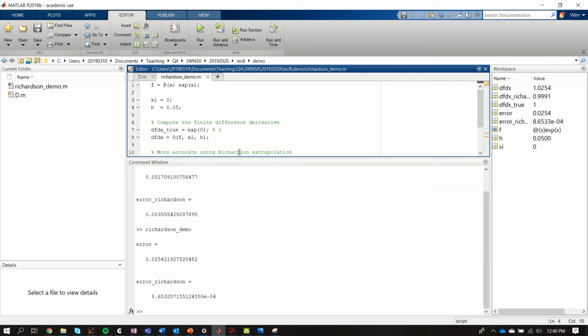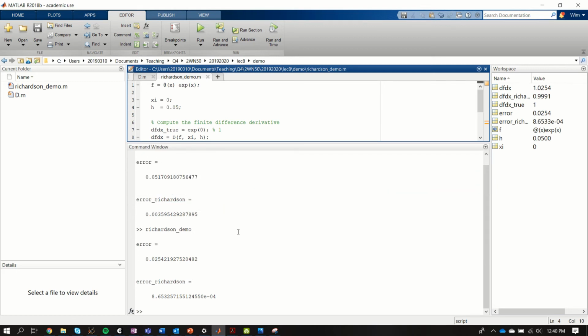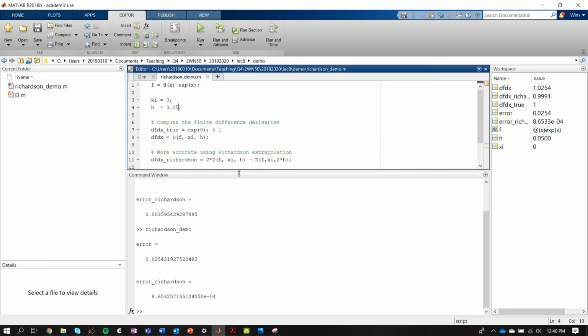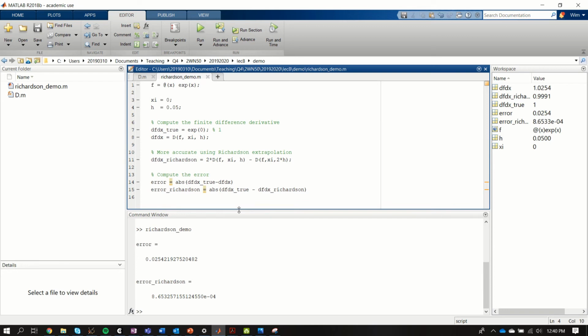Then we clearly see that although for the initial scheme we had a halving of the error, consistent with a first order approximation of this derivative, for the Richardson extrapolation, by halving h we reduce the error by a factor of 4, consistent with a second order accurate finite difference scheme. So this is a practical application of how we could use these first order approximative schemes D to construct a higher order scheme using Richardson extrapolation.